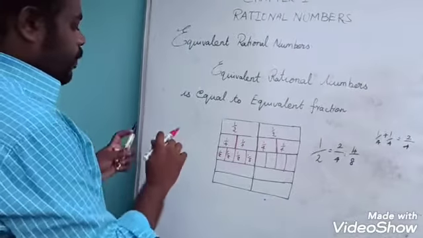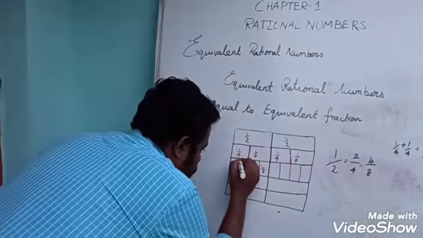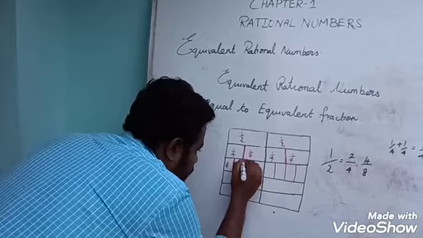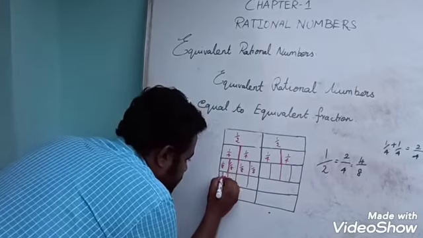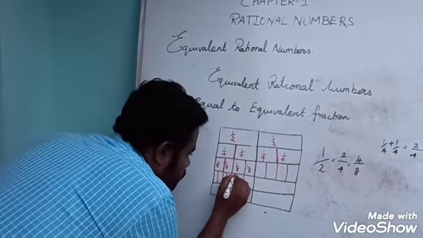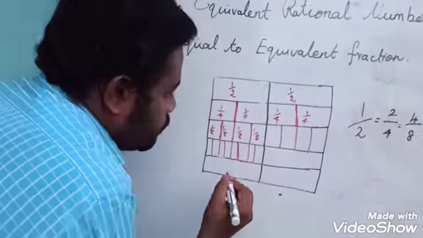Now each 1 by 8 can be split into two equal parts. So I split this into 2, and this one into 2.